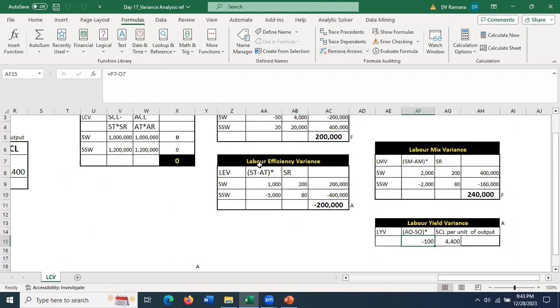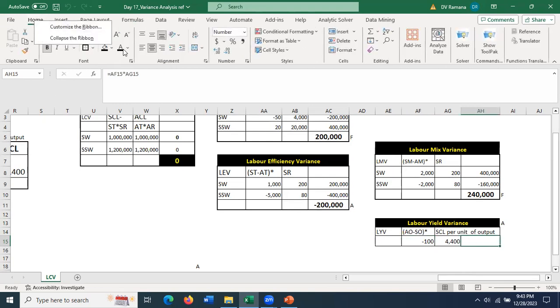Removing the impact of the mix, the efficiency variance due to the net effect of efficiency is captured in the yield variance. Therefore, mix variance plus yield variance is the efficiency variance. You can see that there is a huge amount of adverse yield variance.